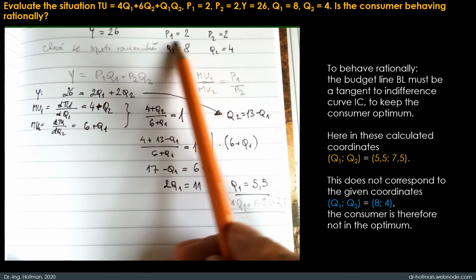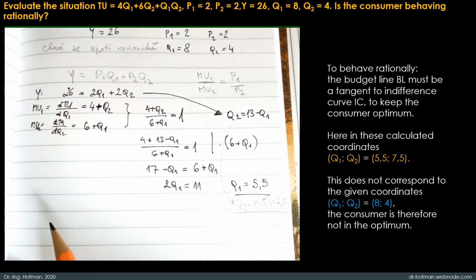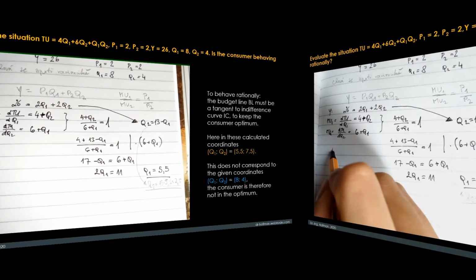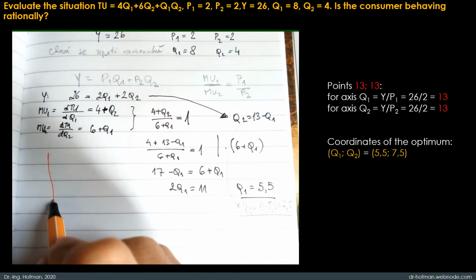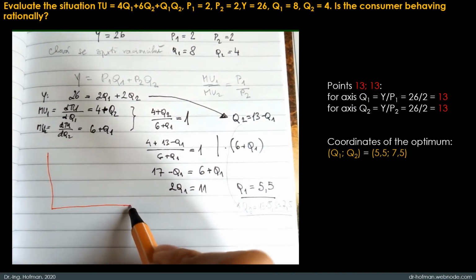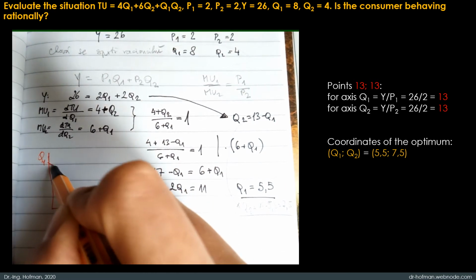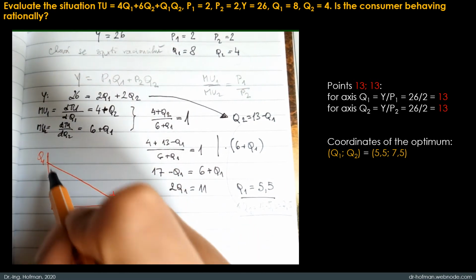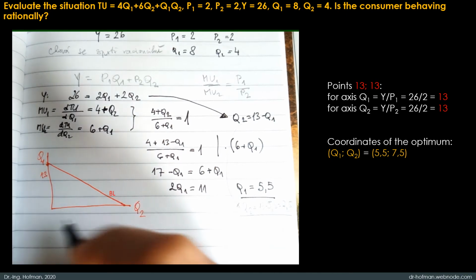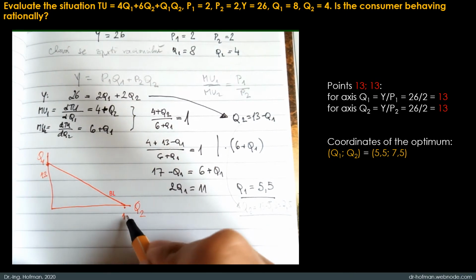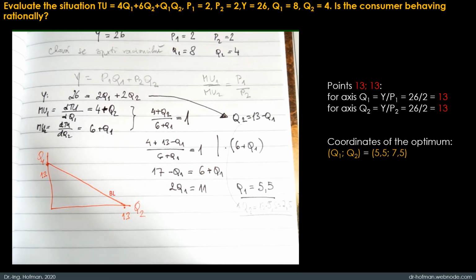This situation is the real optimum, but the given one is not. It's different from this. That's why the consumer is not behaving rationally. In the graph, we can easily see quantity 1 and quantity of the second good Q2 and the budget line BL, which touches the axes in points 13 and 13.